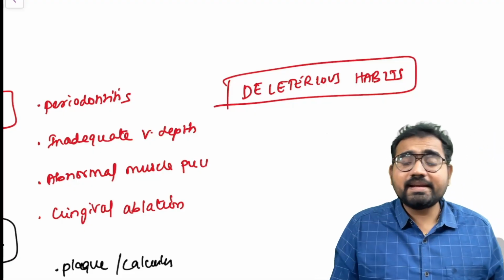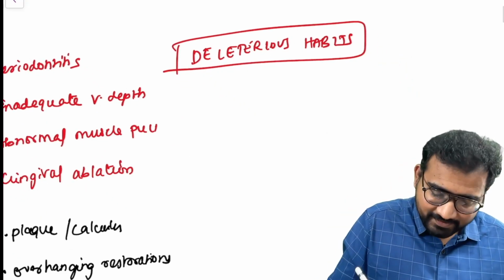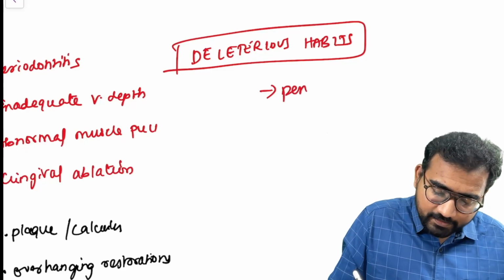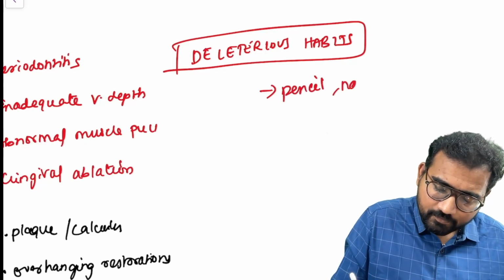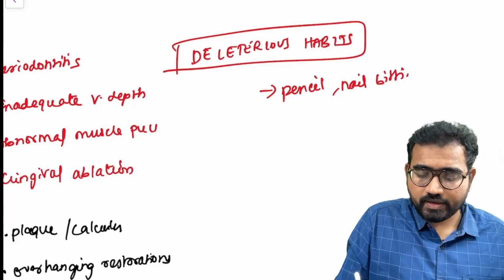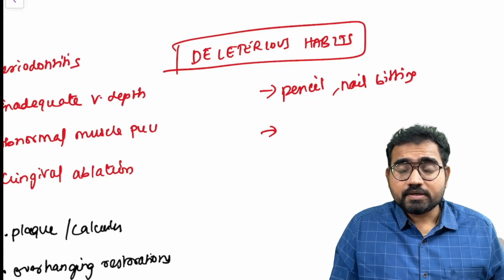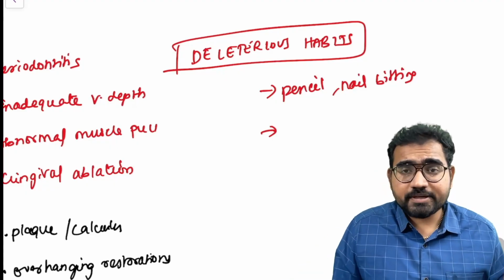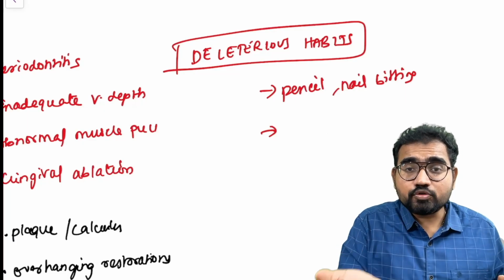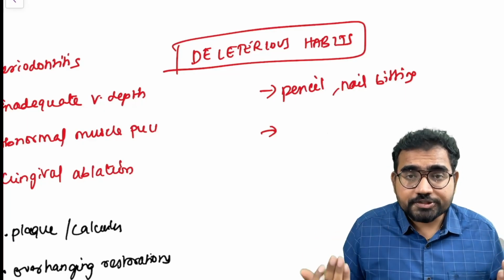Any deleterious habits like pencil biting, nail biting, or pin biting in the case of tailors. These are the deleterious habits which might lead to recession. Faulty toothbrushing.